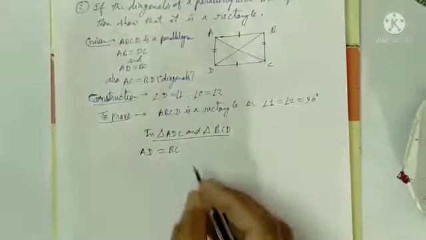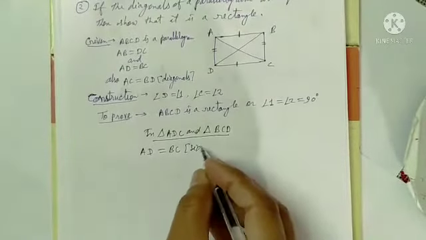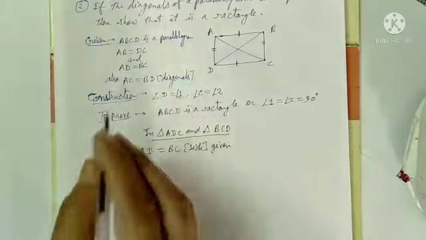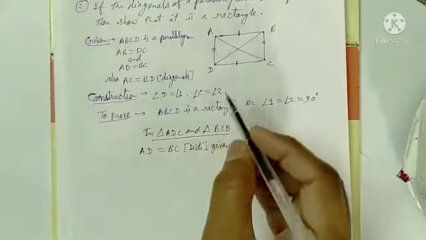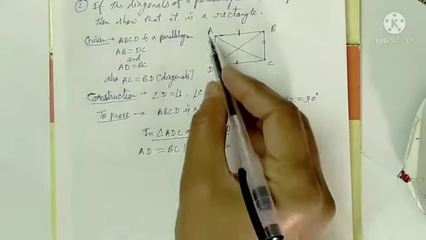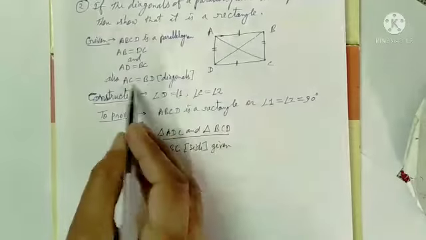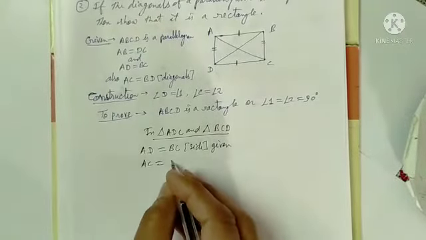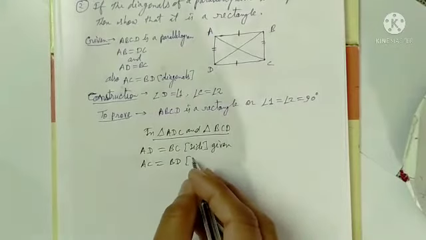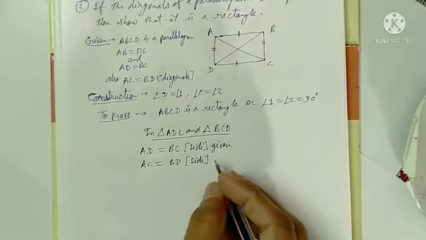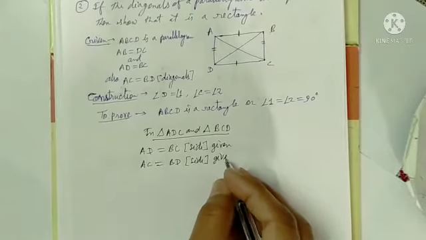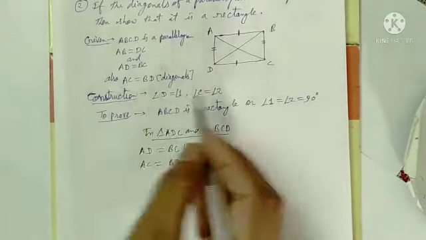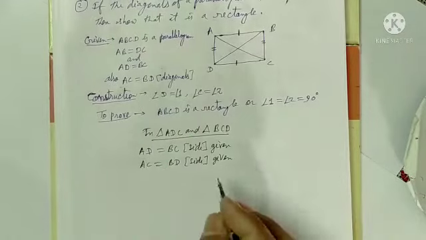This is a side, and the reason is given. It is already given. And then AC is equal to BD. This is also given, both diagonals. So write down AC is equal to BD. This is also a side of both triangles, and the reason is given, because AC and BD are diagonals and equal. It is given. That's why we have written here.